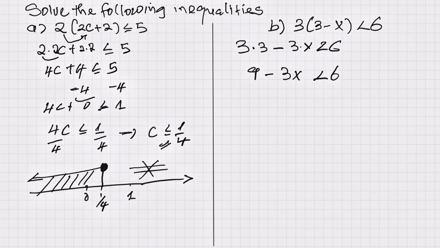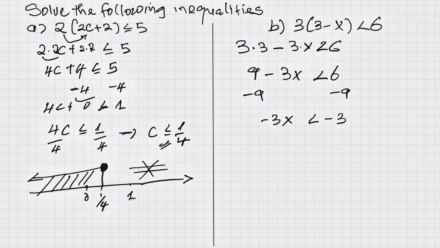In this case, we are going to subtract 9 from both sides. So I subtract 9 here and 9 here, so that we have minus 3x, because 9 minus 9 is 0. So we have minus 3x is less than 6 minus 9, which is negative 3.